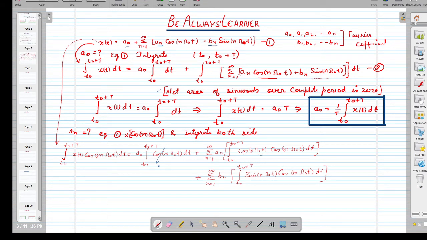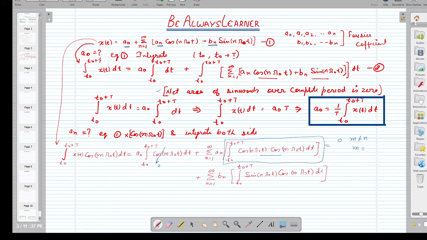this term, now for this term we can define rather the bracket term, this term. So this term has the value 0 for m not equal to n.